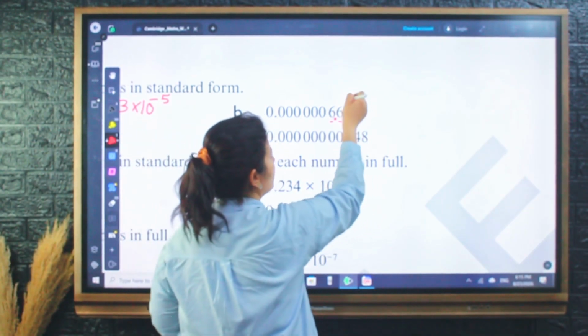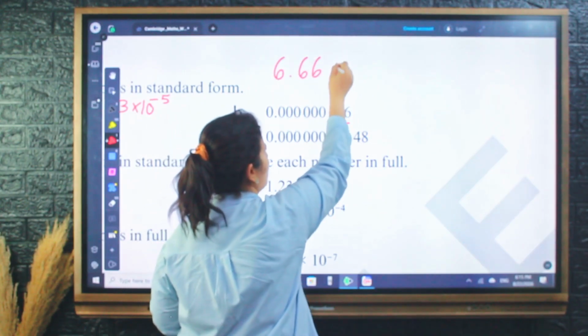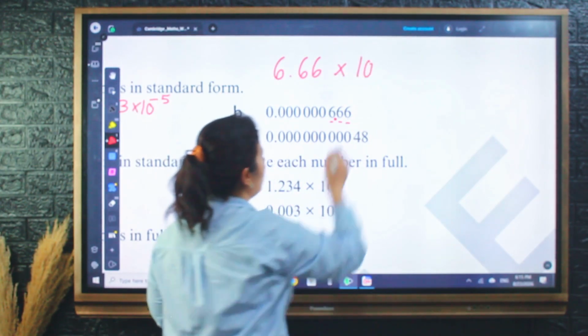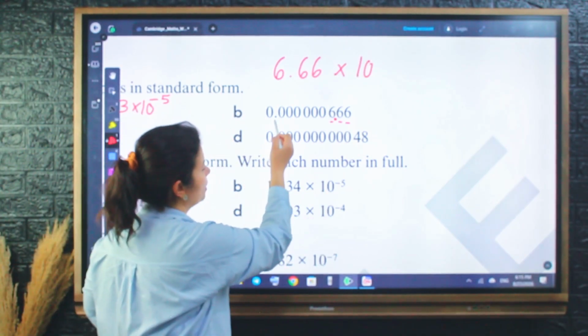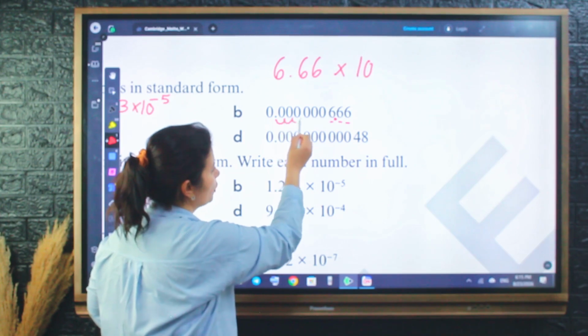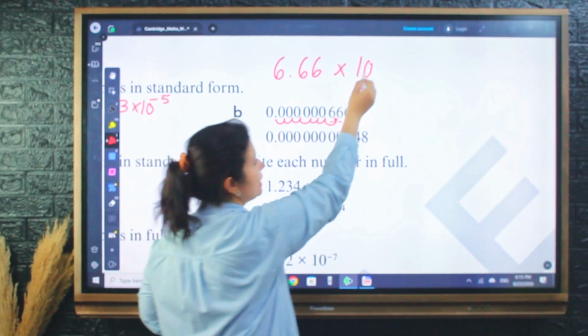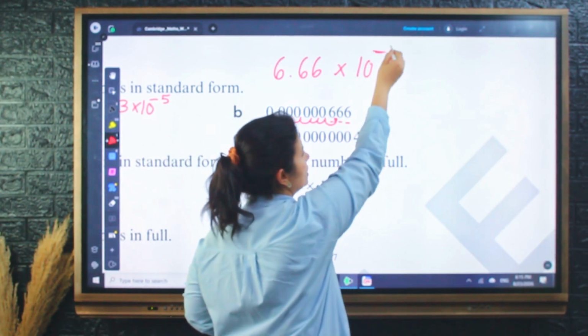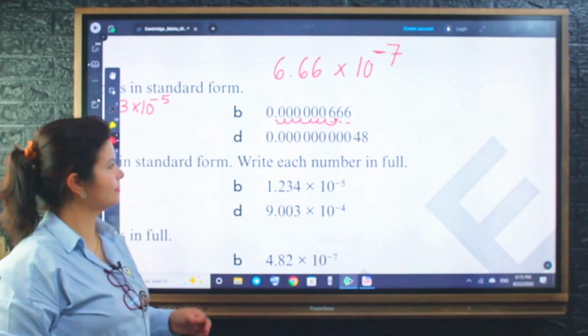So we can write the number like 6.66 times 10. And look how many decimal places we're going to go back. 1, 2, 3, 4, 5, 6, 7. So it's 10 raised to power negative 7. Okay.